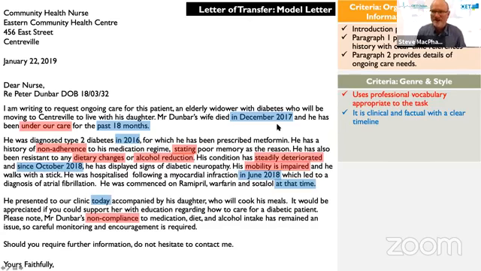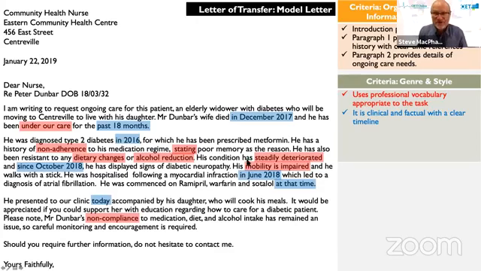The timeline's really clear here. In December 2017, he has been under our care for the past 18 months. So that's our present perfect for a duration, a period of time. We've got past tense. He was diagnosed with type 2 diabetes in 2016. That's very clear.